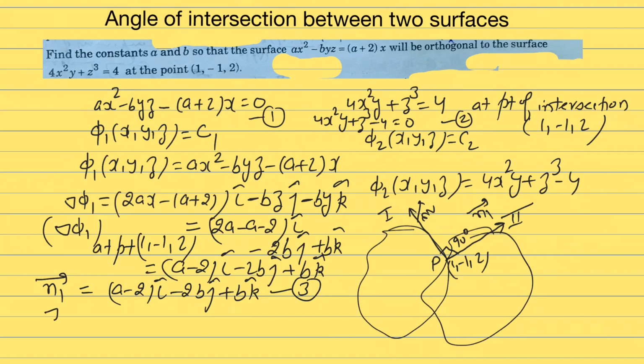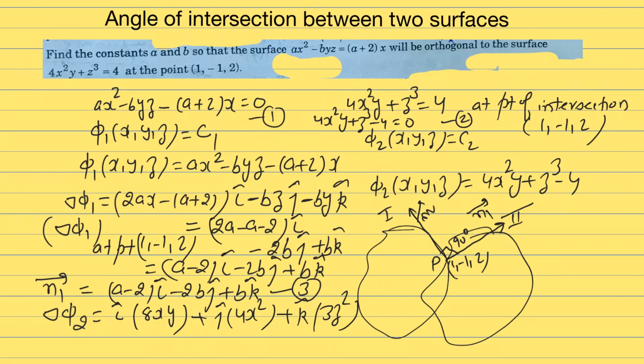Similarly, determine del phi 2. We determine del phi 2 by partial differentiation: with respect to x, 8xy i cap, plus j cap 4x square, plus k cap 3z square.